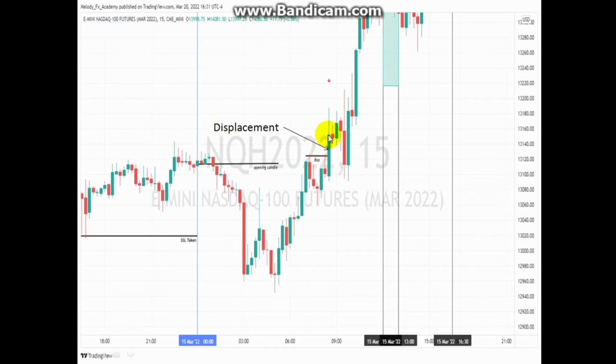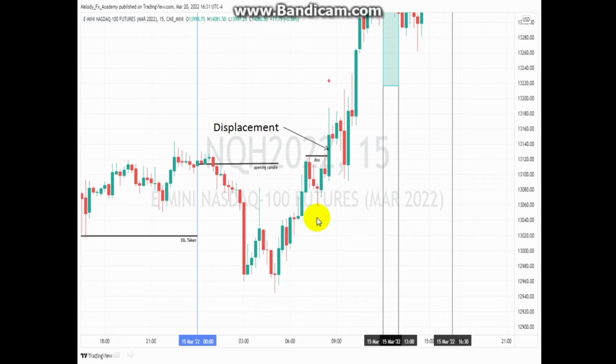Now after the 8:30 a.m., the next thing we are going to do is to anticipate some levels of stop run on sell side liquidity or buy side liquidity.